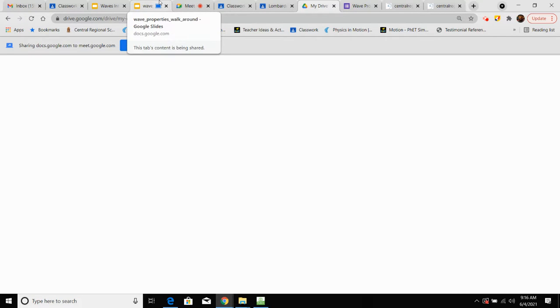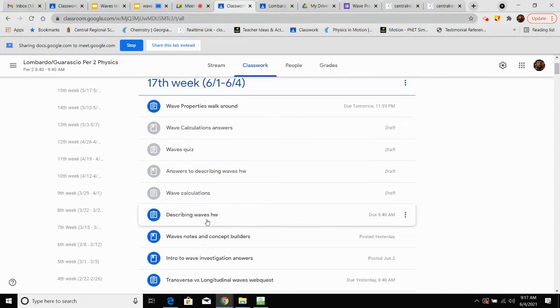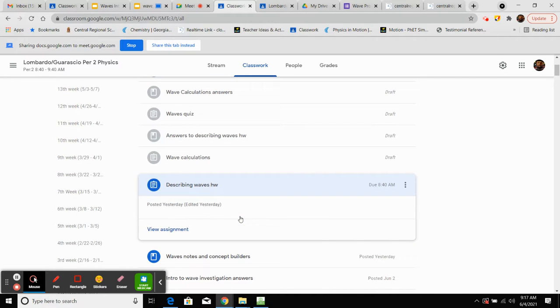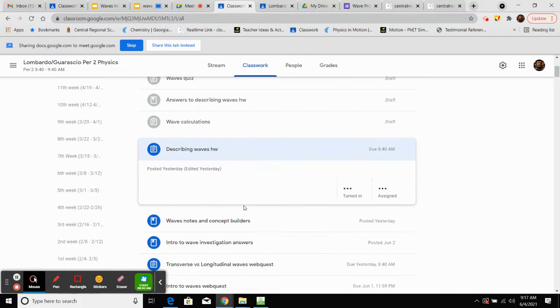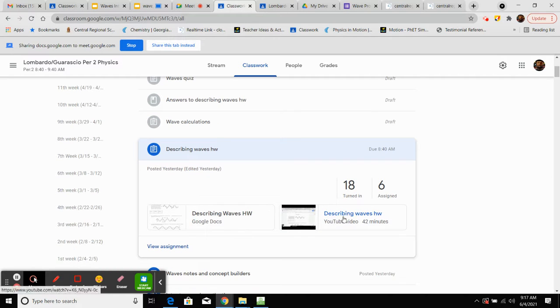I go through the whole worksheet and then some. Yesterday's describing waves homework was due technically this morning. Here it is, describing waves homework.